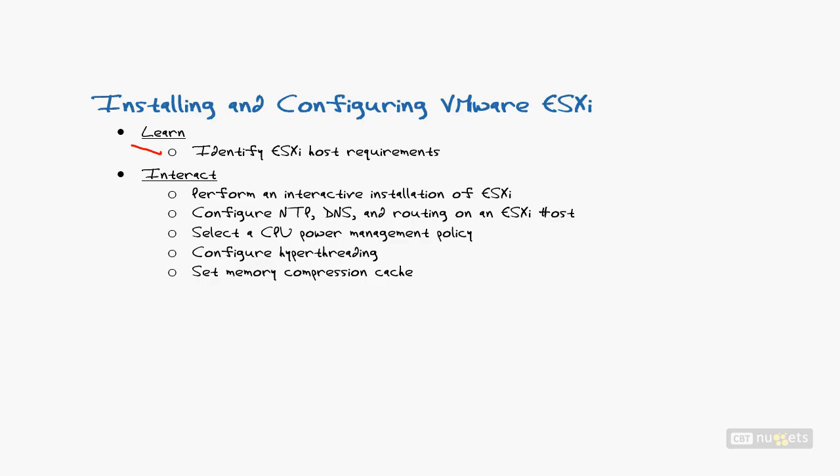Now, one of the very interesting deployment options for ESXi is an approach that we think of as nested virtualization. Nested virtualization gives you the opportunity to put a virtual machine inside of another virtual machine.